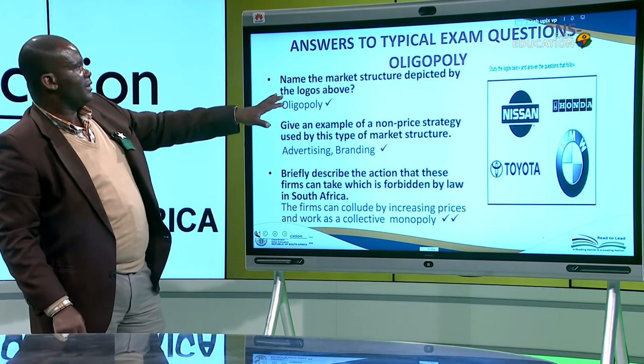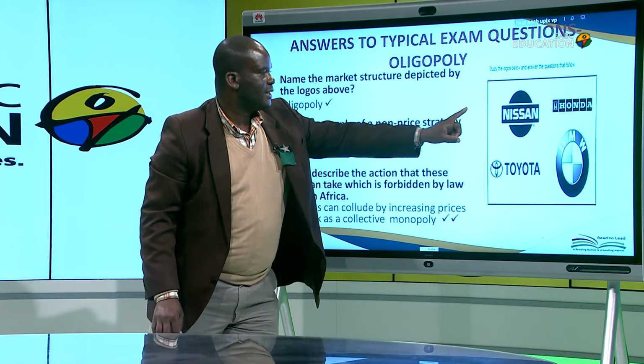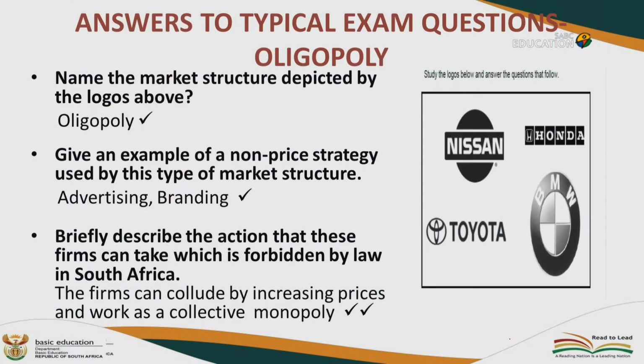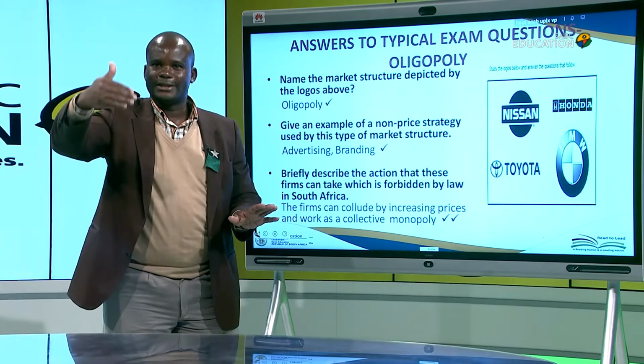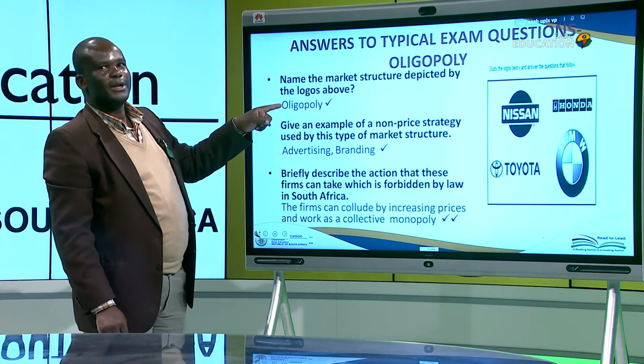So we are given logos here. Then the question says, name the market structure depicted by the logos above. Nissan, Honda, BMW, Toyota. Remember when we gave examples, we said the motor car industry is an example of what? Oligopoly. So our answer is oligopoly.